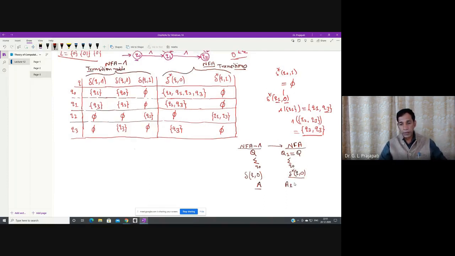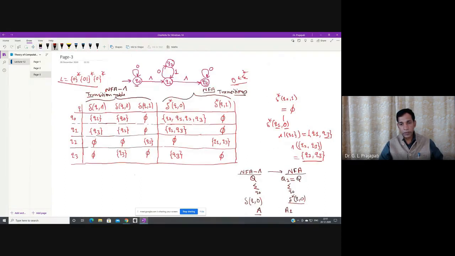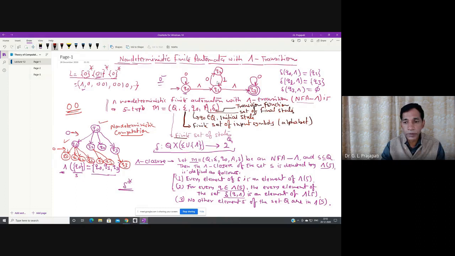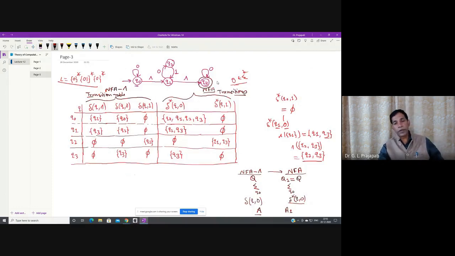All states which are the final states in the NFA null are also the final states of your NFA. q3 is the final state of your NFA null, and hence q3 will also be the final state of the NFA.